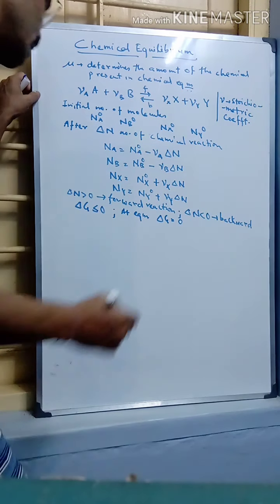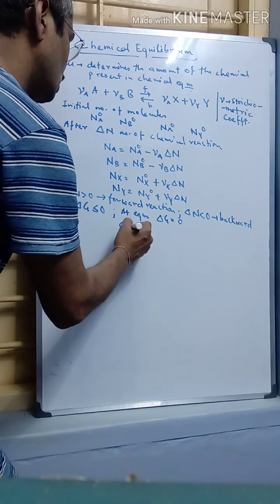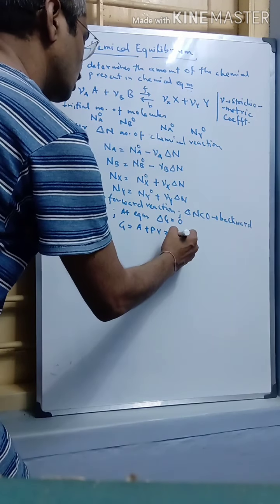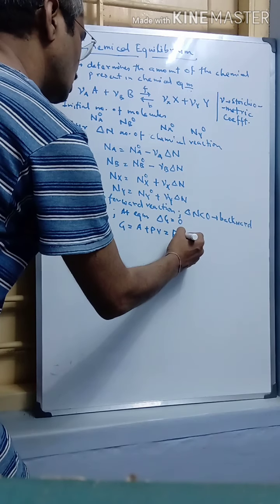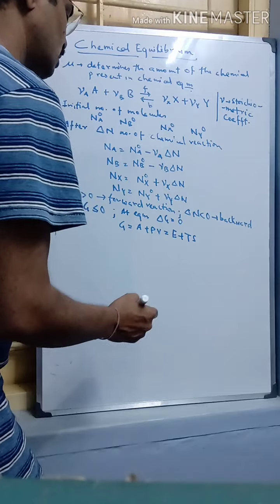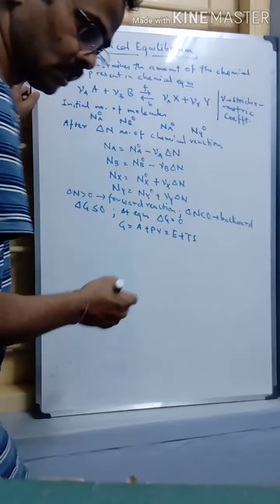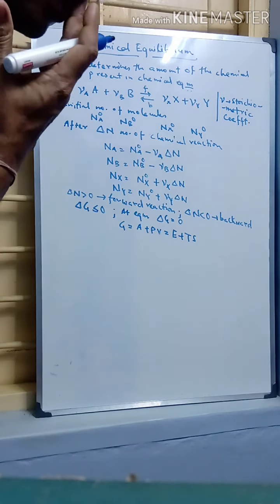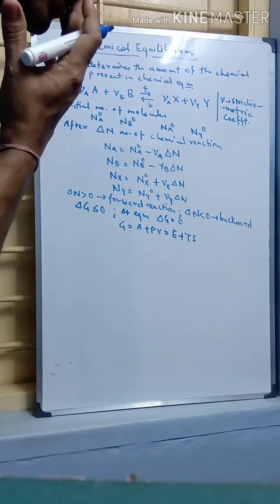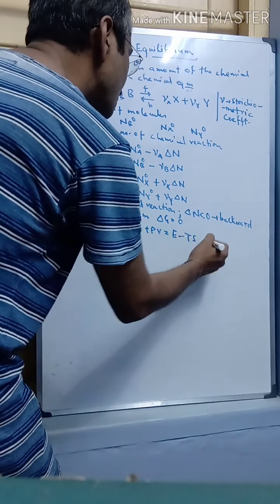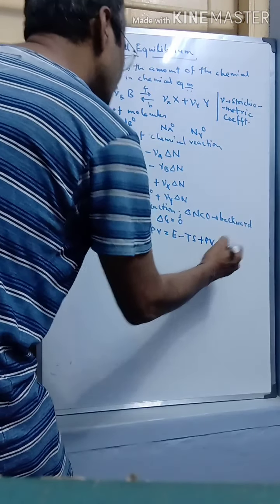So what is delta G? We know from thermodynamics, G is equal to A plus PV, which is equal to U minus TS plus PV.